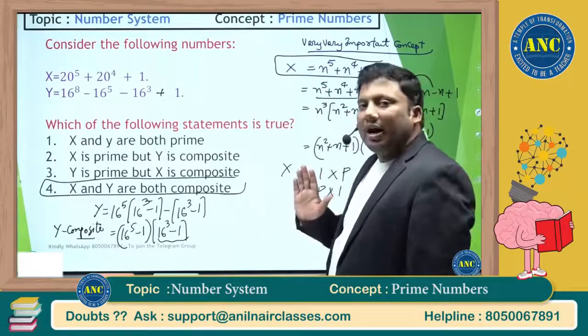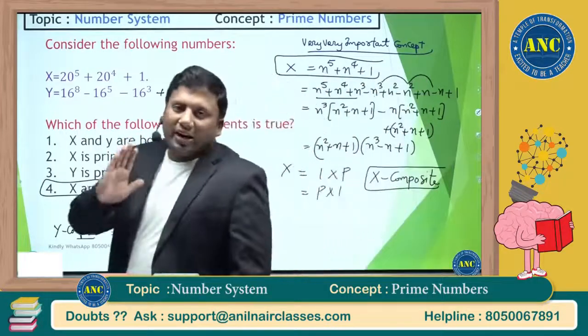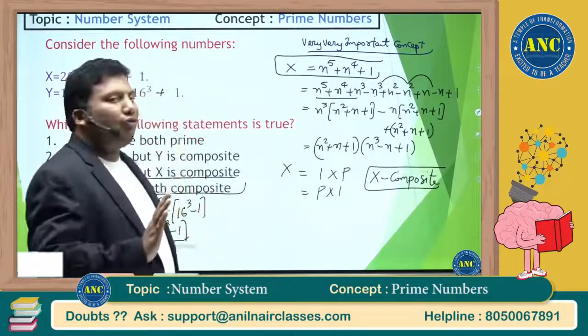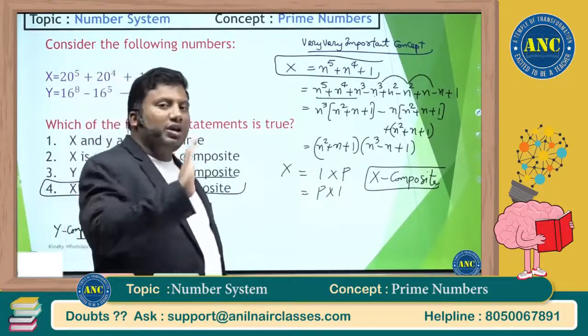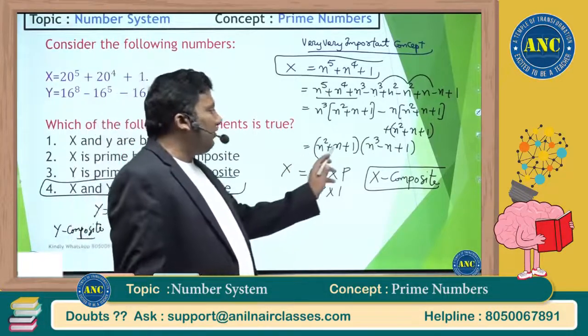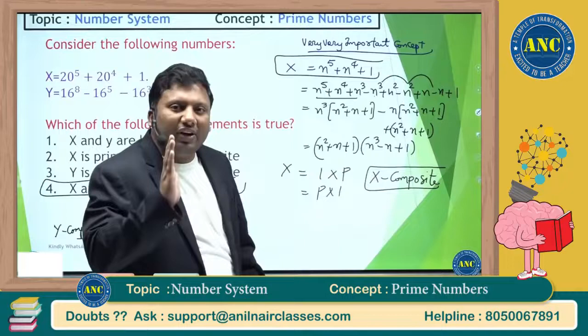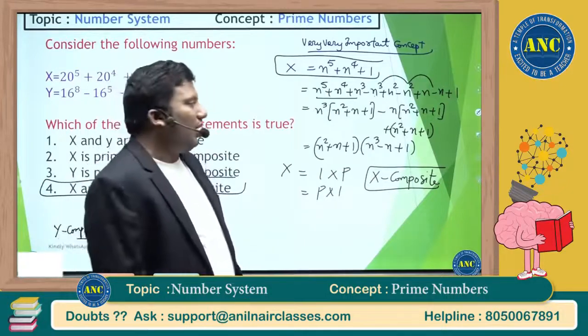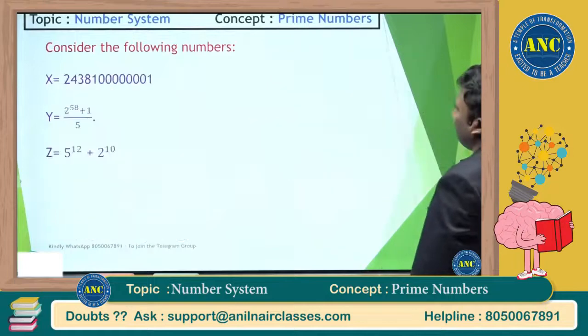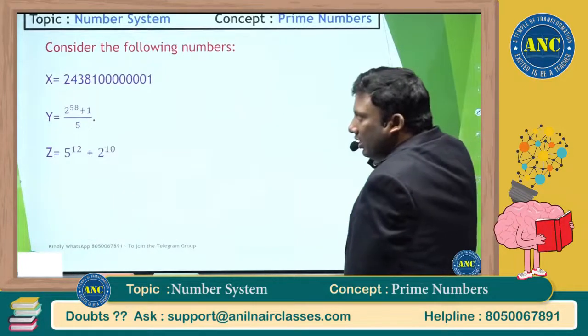I hope the idea is clear. If you get a question of the form n power 5 plus n power 4 plus 1 and it asks you to check whether the number is prime or composite, definitely it is a composite. If it is a prime number, it should have one factor 1. So the answer is composite. Now see here.